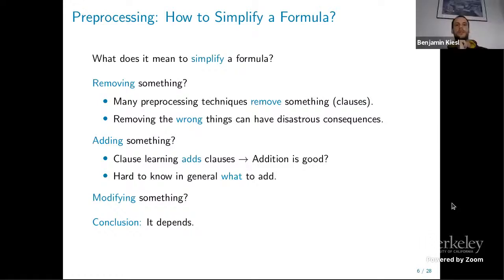So that's a good question. What I imagine when I say that removing the wrong things can have disastrous consequences is something that's kind of a proof, but not really a proof, because it's a simple observation.